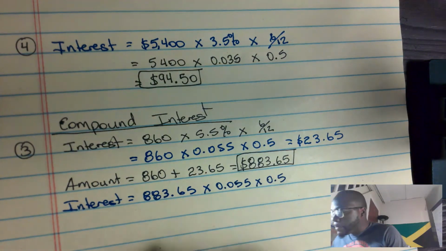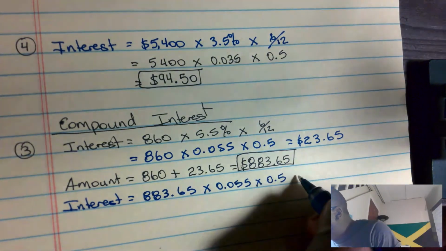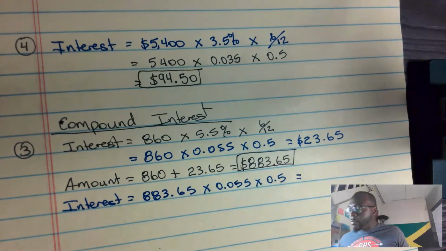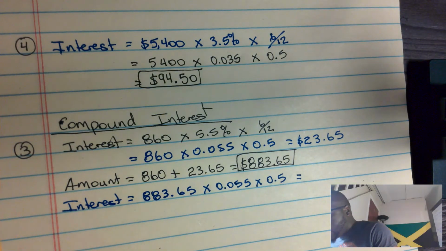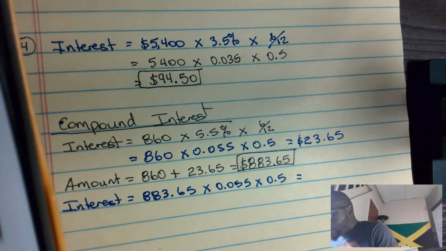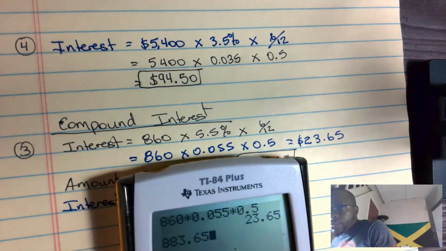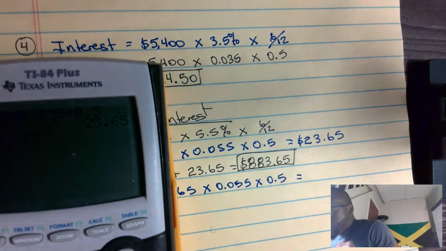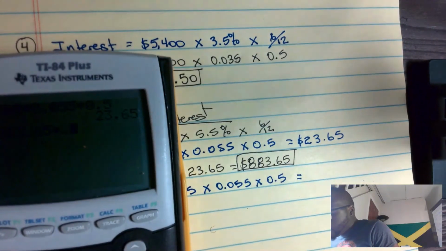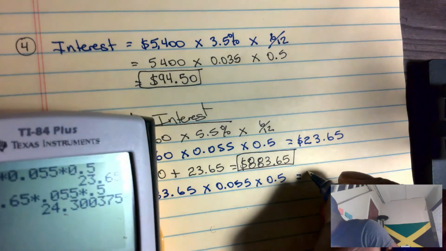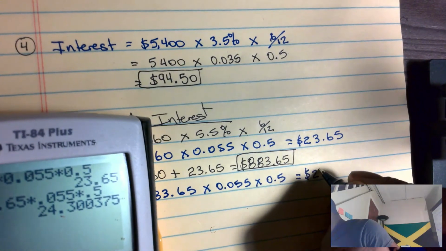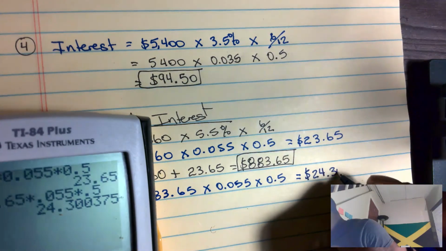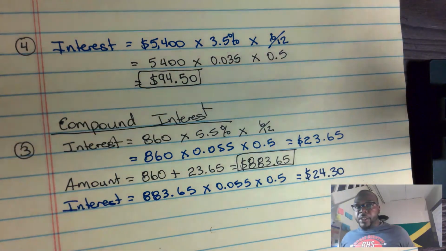When I plug this in, 883.65 times 0.055 times 0.5, this time I get 24.30.